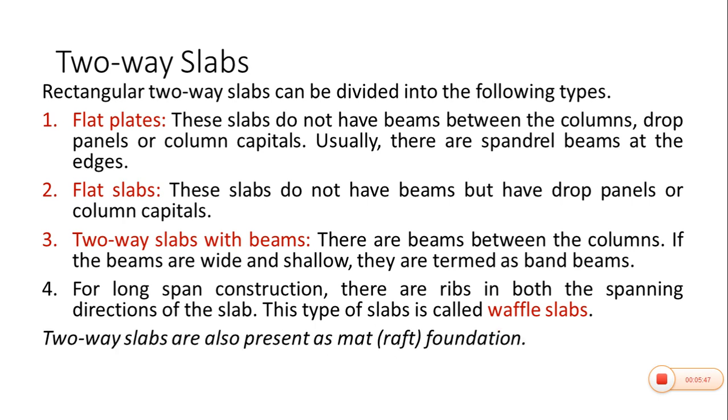Now, two-way slabs are also present as mat or raft foundations. In case of a mat or raft foundation, we provide the reinforcement in both directions, so a mat or raft foundation is also a representative of the two-way slab.